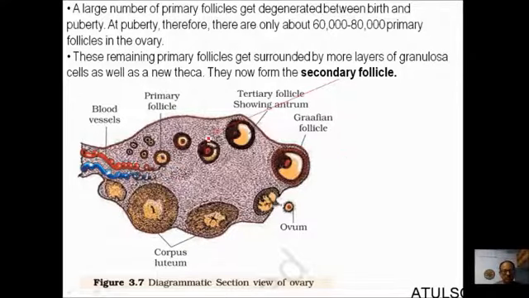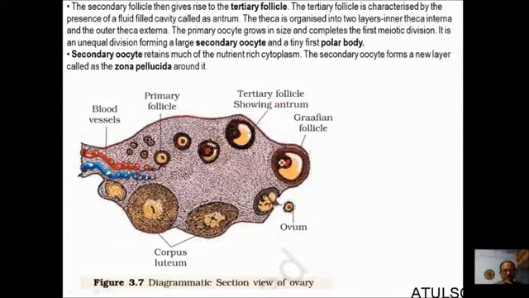They attain one more layer. After the secondary follicle, they change into a tertiary follicle by generating a cavity called the antrum, and the walls become thicker and thicker.